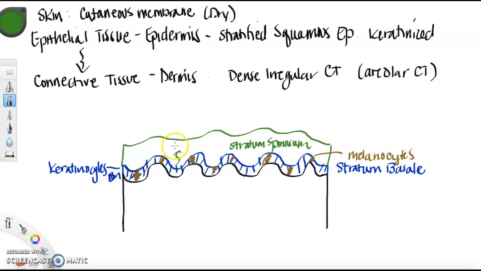We have actually two types of keratin: a hard keratin, which is for nails and hair, and then a softer keratin that is for your skin. So the cells go through their growing phase, and they start to become filled with keratin.